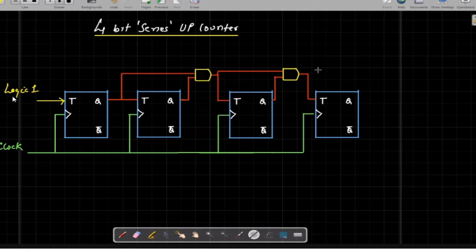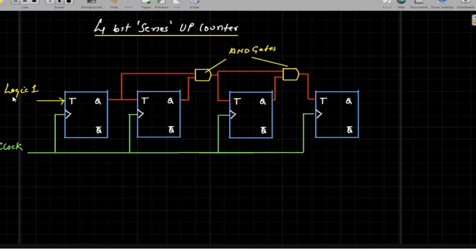Okay, so these are actually the AND gates which we are using here. Now let's try to write down the state transition condition, when these flip-flops perform transition.